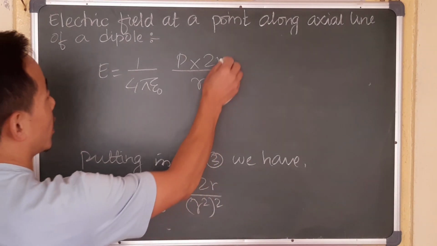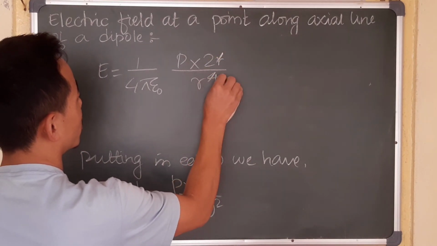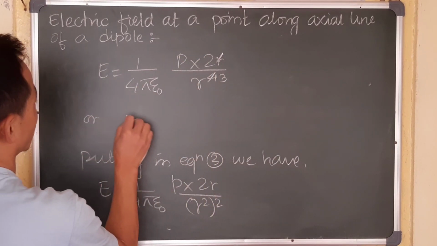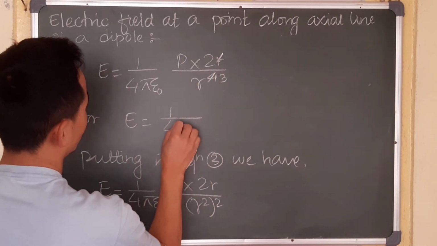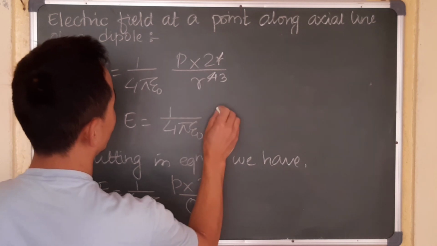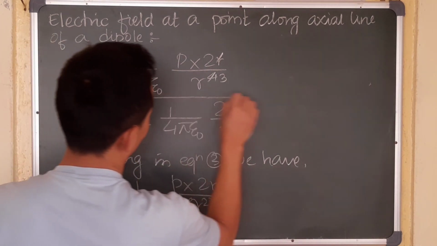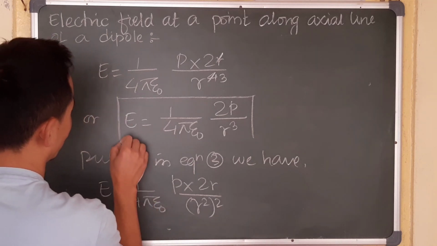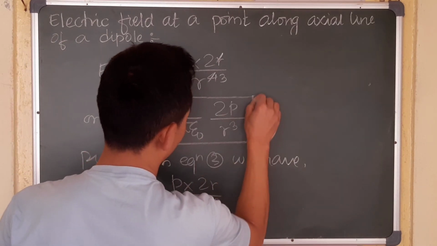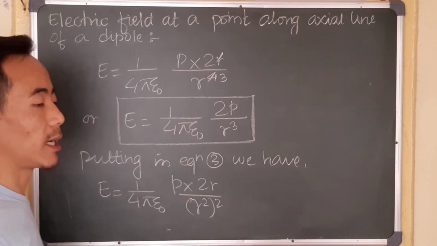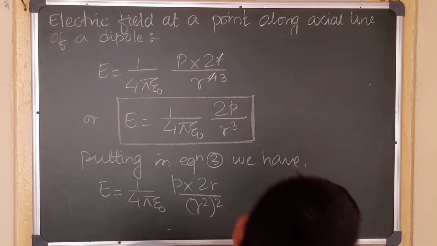So let's cancel one r in the numerator, one r in the denominator. So our equation becomes E is equals to 1 by 4 pi epsilon naught twice of p divided by r cube. And this is the required equation for electric field along the axial line of an electric dipole.